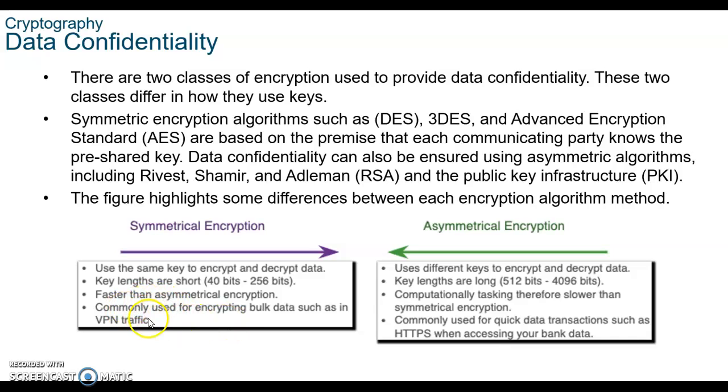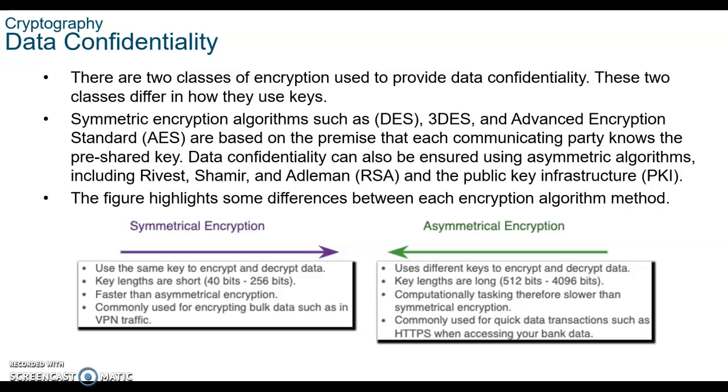And it will use less of your resources. It's common for VPN traffic. VPNs are very data and resource intensive, so sometimes it's better to use symmetric encryption because, again, you're already using a technology that's very resource intensive.